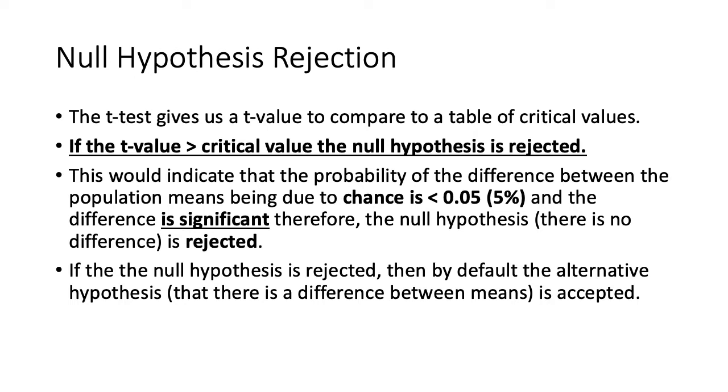Therefore, if the t-value is greater than the critical value, the null hypothesis that there is no difference is rejected. And then by default, the alternative hypothesis stating that there is a difference between the two means is accepted. That's if your t-value is larger than your critical value.